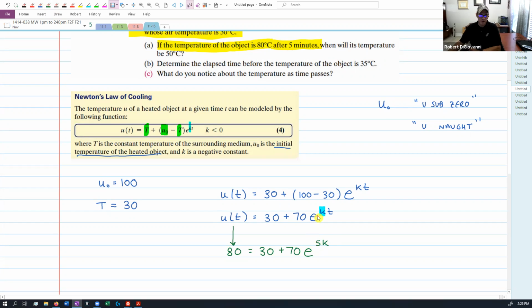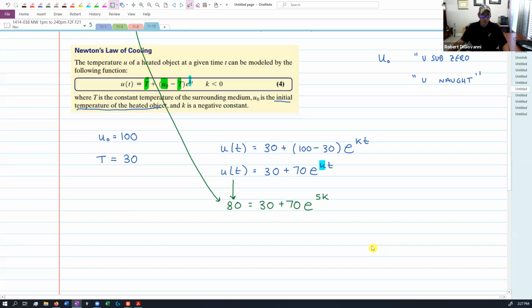And do you see that by using that information, the temperature of the object needs to be 80 after 5 minutes have gone by? I should be able to solve for K now. I'm just going to use the techniques from the homework assignment here. I'm going to subtract 30 first on both sides.